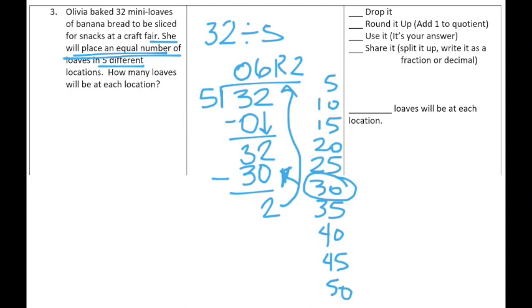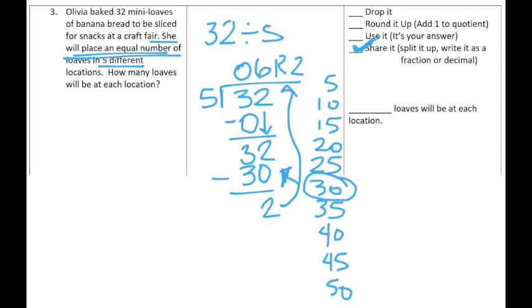With that remainder? Because she's already slicing them up, she's already sending parts out to these locations. So she should split it up or share it. That's what she's going to do with this. And so then, how much is she going to give to the other locations?